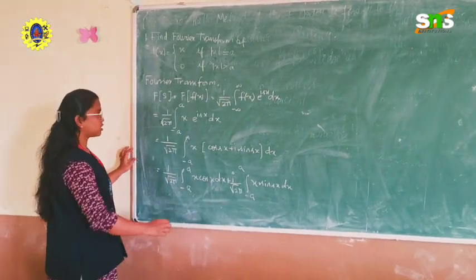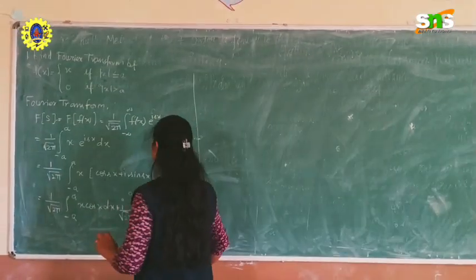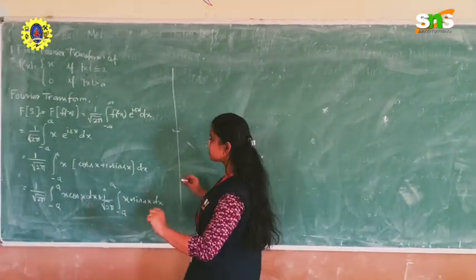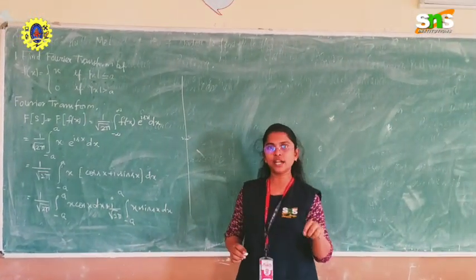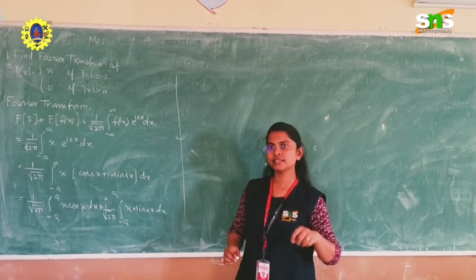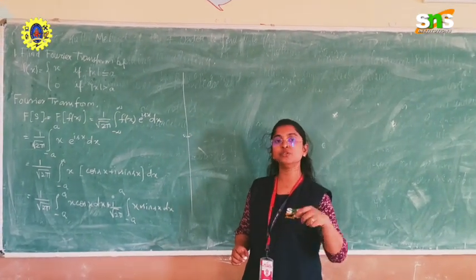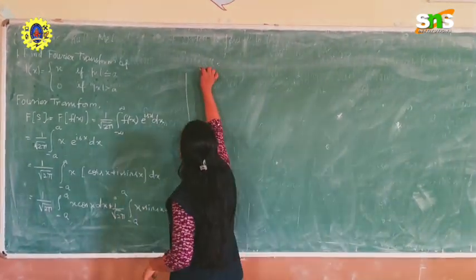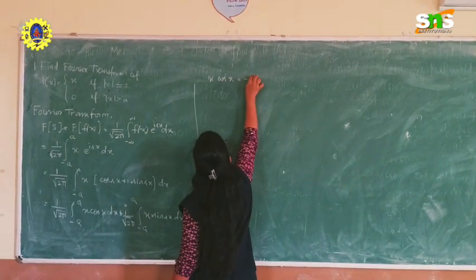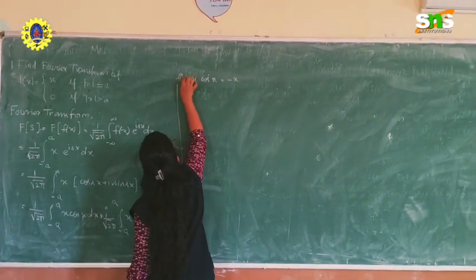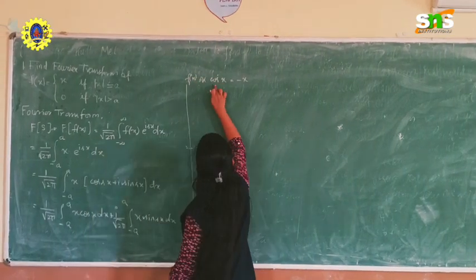So now we are going to find whether the function is odd or even. We took the first function, x cos sx. For that, instead of x you have to substitute minus x.